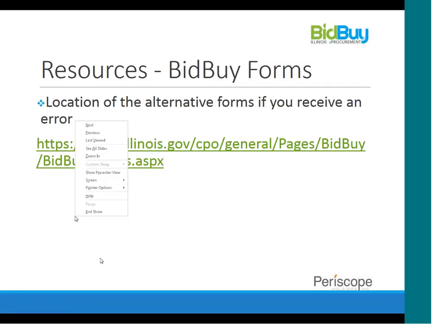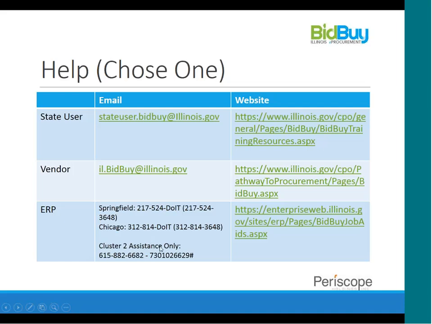Oops, let me get back. To use this telephone number and this extension number. So Cluster 2 only, reaching out for ERP assistance, this phone number, this extension number. But these websites all still remain the same, so nothing new there. Just those telephone numbers are new.